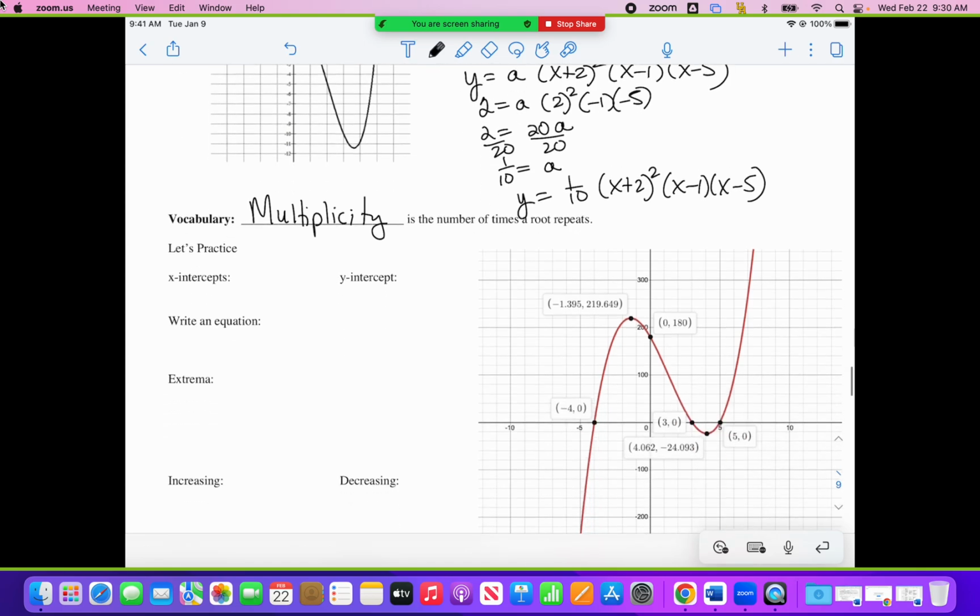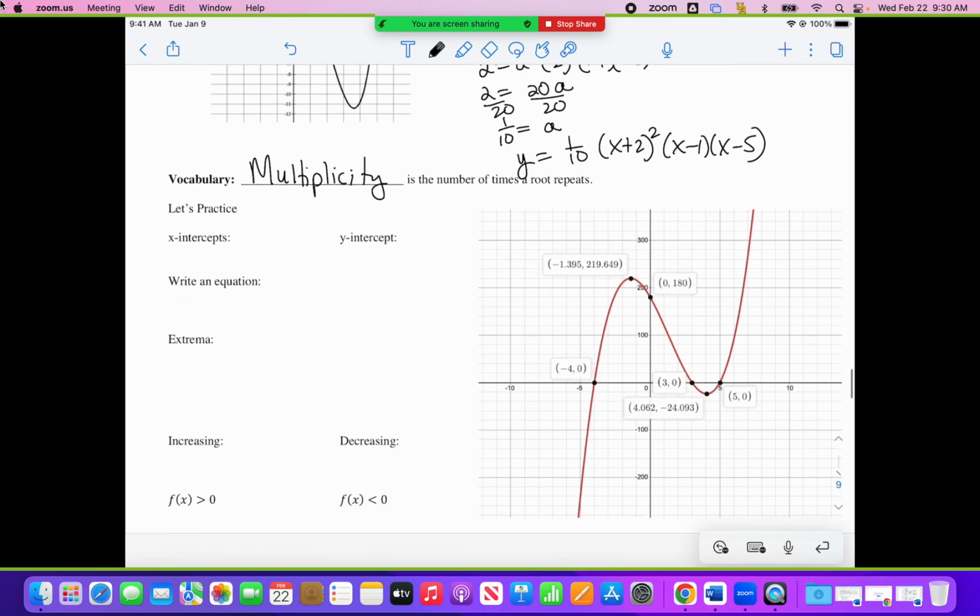So let's take a look at this graph to the right. My x-intercepts are -4, 0, 3, 0, and 5, 0. My y-intercept is 0, 180. Do I have any bounce-offs? Where do you see an x-intercept bouncing off? You don't, right?